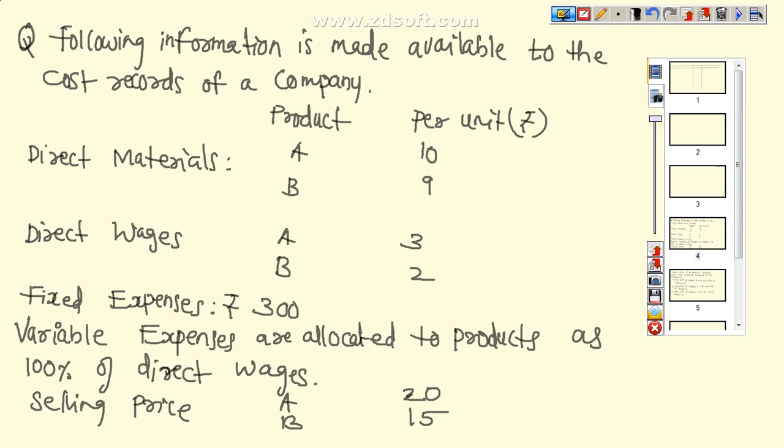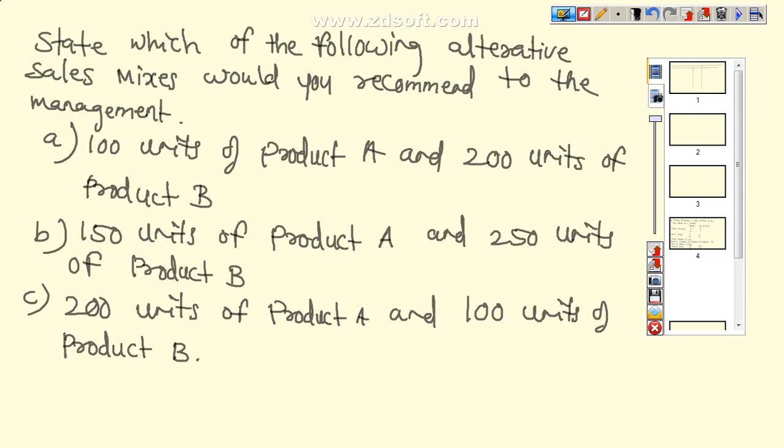There are two products A and B, and per unit cost is given: direct material, direct wages, fixed expenses is also given, and variable expenses given, selling price is given. And there are three alternatives given. We have to state which of the alternative sales mixes you would recommend to the management.